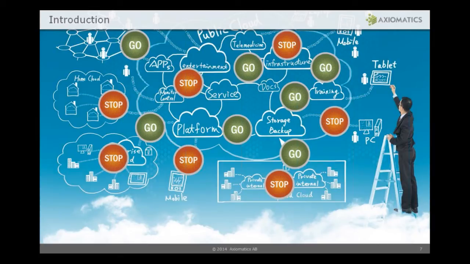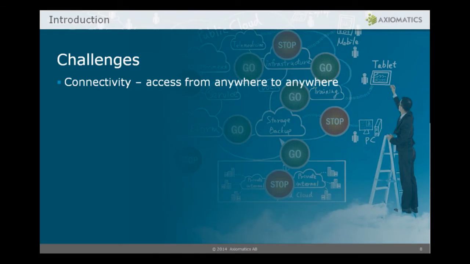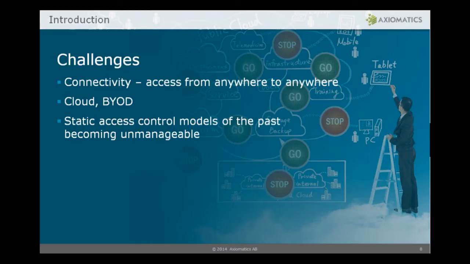So the connectivity as such, access from anywhere and to anywhere, the different channels via which you get to data, together with the move to bringing your own device, all of these things cause challenges since our existing access control models are too static and unable to cope with this new highly dynamic environment.